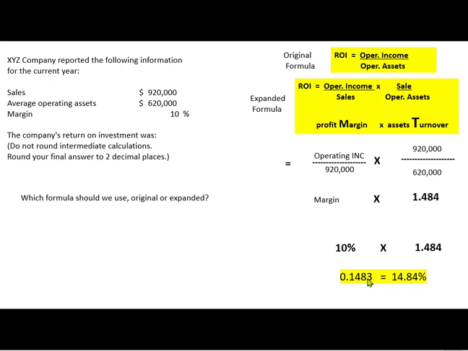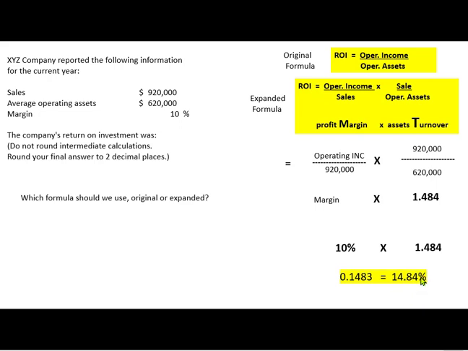Now, if you move your decimal place over 2 places to the right, and by the way, I just rounded this off, it rounds off to 14.84%.